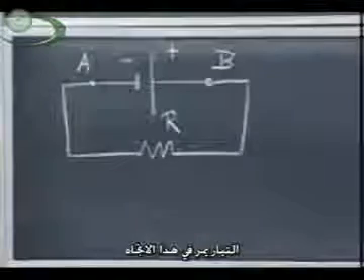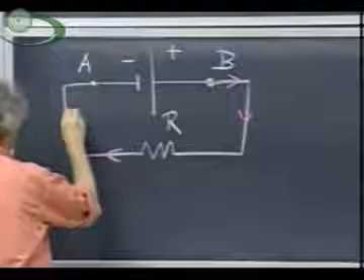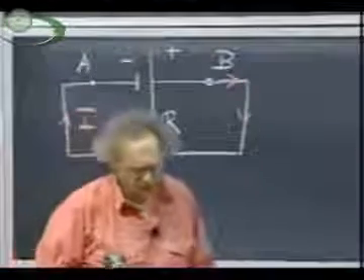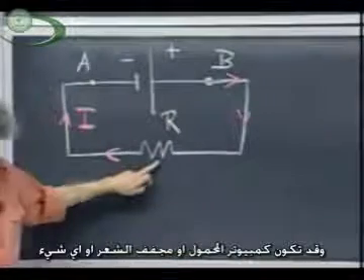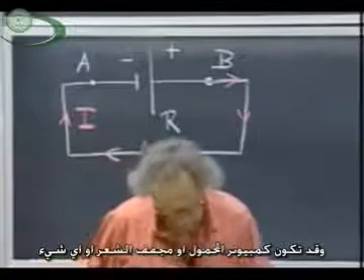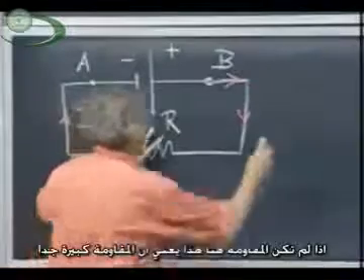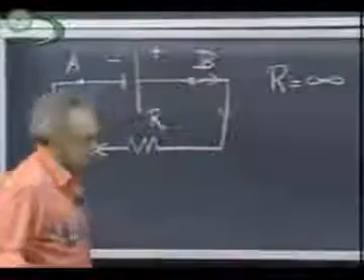The current is going in this direction. The current I. This could be a light bulb, could be your laptop, could be a hairdryer, whatever. That's your supply. If this R is not there, that means that the resistance is infinitely large. That means that the current that is running is zero.